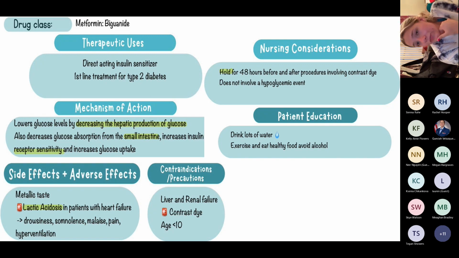That's why we hold metformin if my patient's getting contrast dye, because both are really harsh on the kidneys. If your patient is on metformin, it's really important that we know when to hold it. We really teach our patient, please drink lots of water, because we're trying to help flush it out a little bit. Please watch your pH, because this can lead to lactic acidosis.